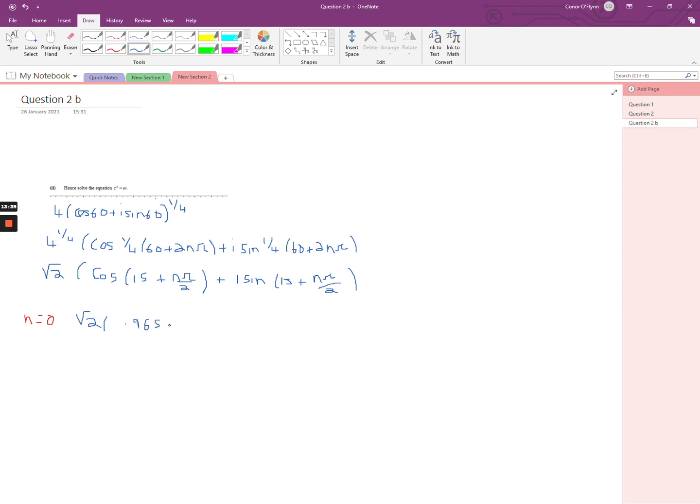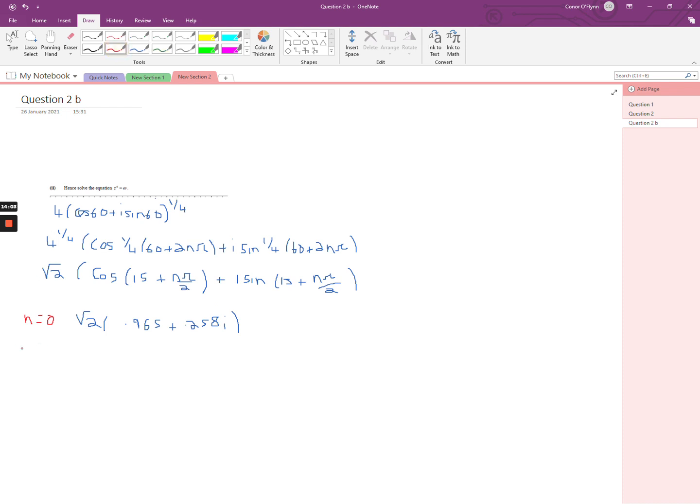And sine of 15, plus... this one doesn't go in evenly, but that can happen, so 0.258i. You can leave it like that because it's not going to tidy up anymore.